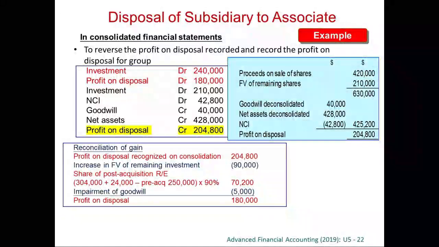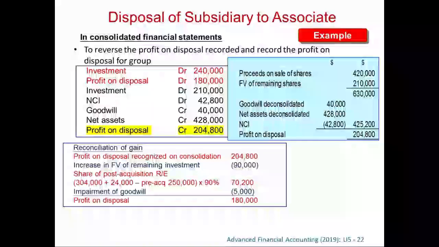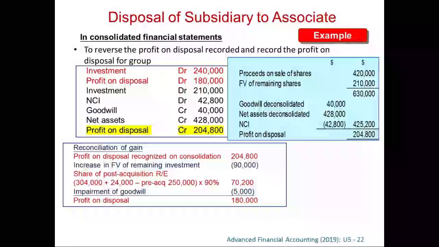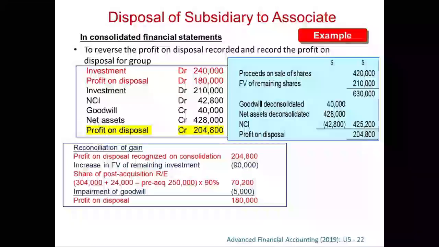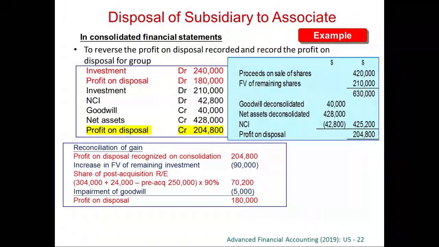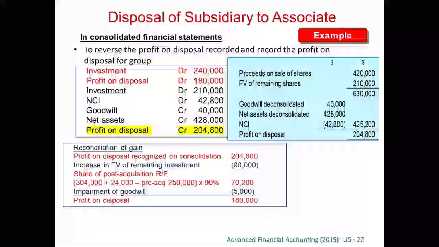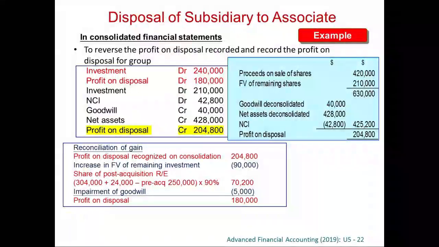If the question only asks for the consolidation, this is the consolidation result immediately after the disposal. If the question asks for reconciliation, the question may ask why there's a difference between the gain on disposal calculated by the parent and the gain or loss on disposal calculated on consolidation.